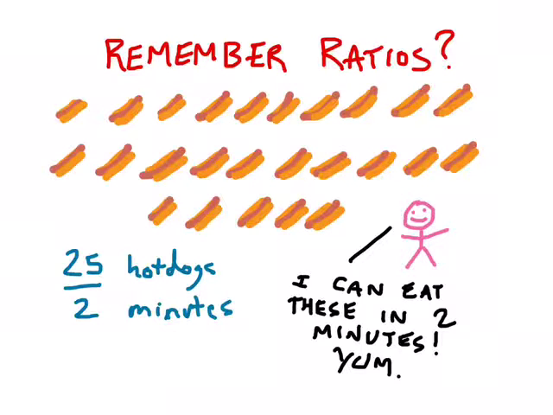Just like a regular fraction, if it was reducible, I could reduce this. So if it was 24 hot dogs in 2 minutes, I could reduce it to 12 in 1, or if it was, I don't know, 24 hot dogs in 3 minutes, I could reduce it to 8 to 1. But writing it as a fraction is the most important thing for now. We don't actually have to worry too much about whether it's in simplest form.